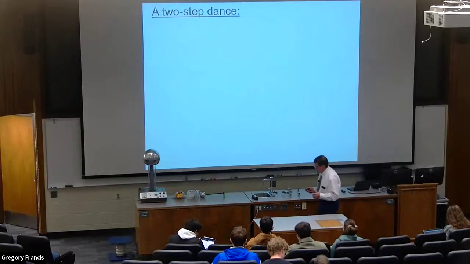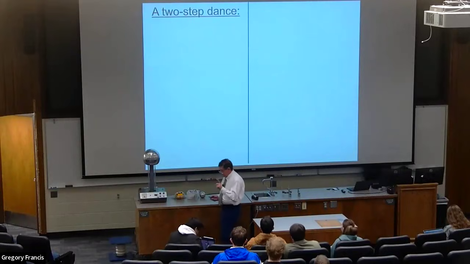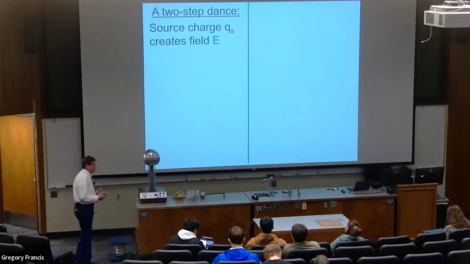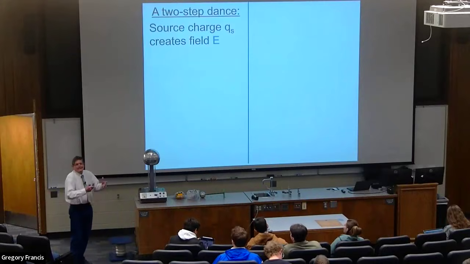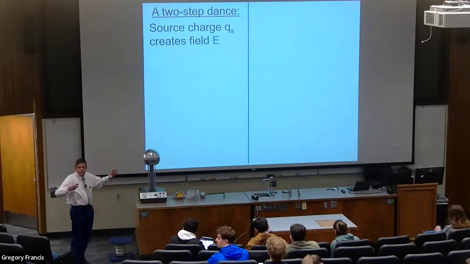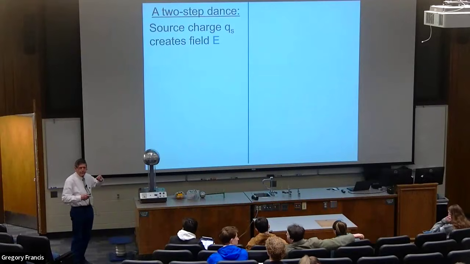The first step in this two-step dance is that a source charge Q sub S, that's the Klingon, creates an electric field throughout the room, changes the room, okay?